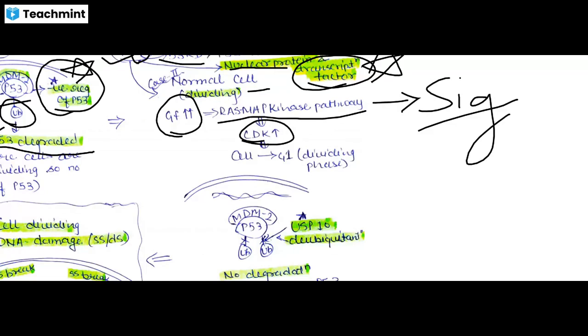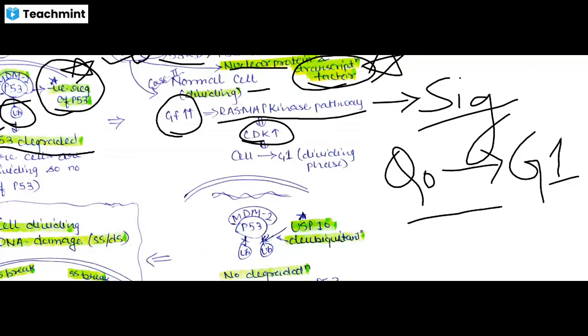Now, the RAS MAP kinase pathway moves cells from Q0 phase to G1 phase. We know when a cell enters G1 phase, it is in dividing phase. Now the cell will divide. But here I have mentioned normal cell division. That means no damage is occurring. When damage is not occurring, P53 does not function.